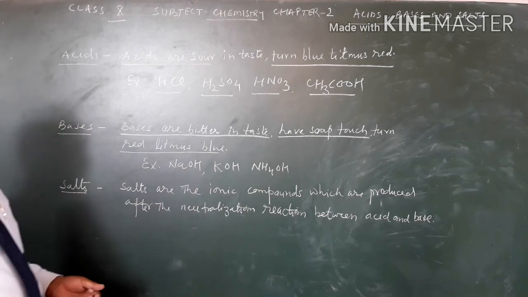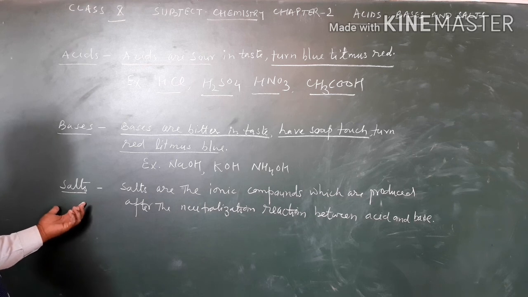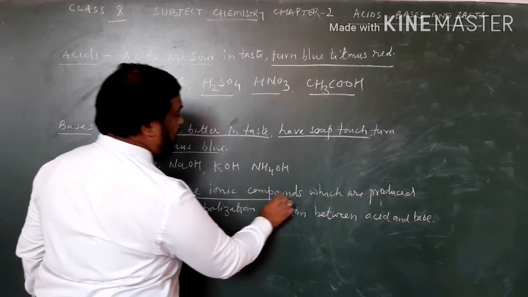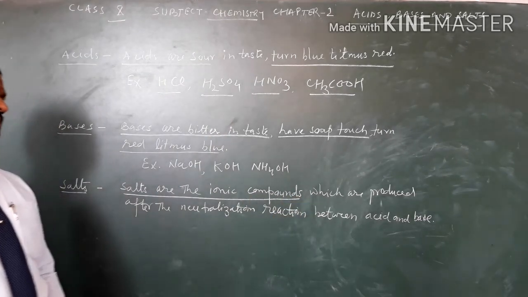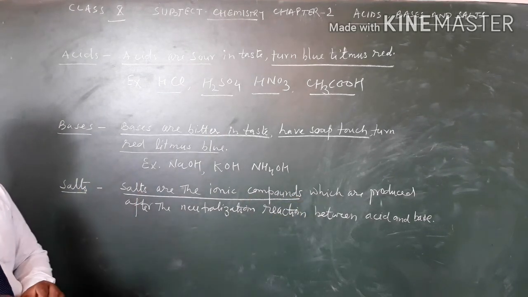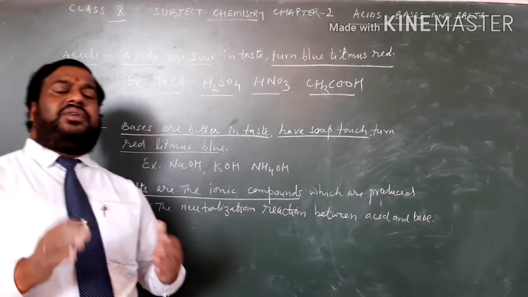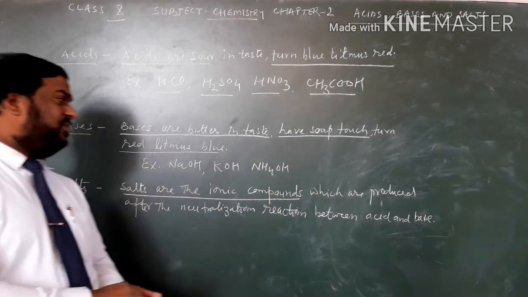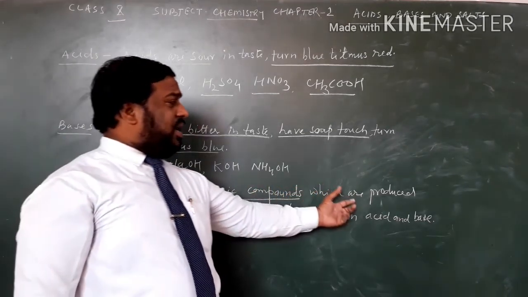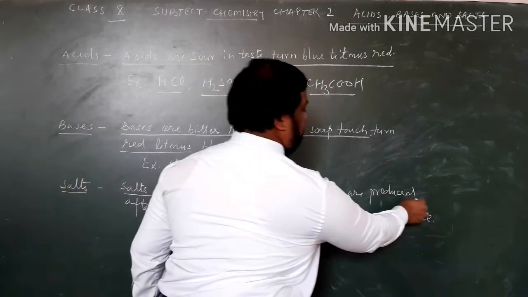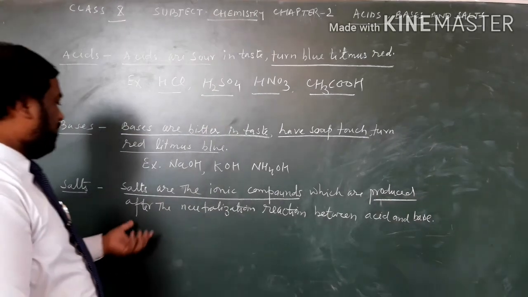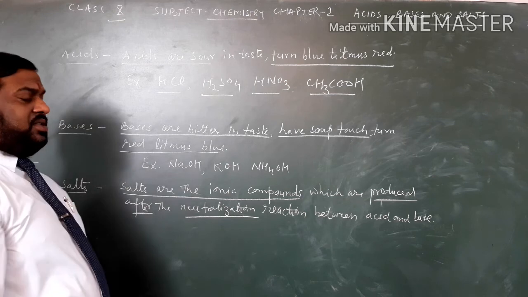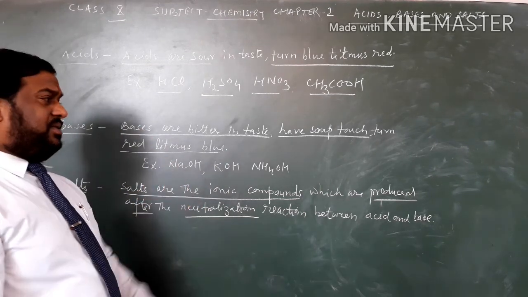Now the third category, salts. Salts are ionic compounds, meaning having ions, or you can say salts are formed by the combination of cations and anions, which are produced after the neutralization reaction between acid and base.